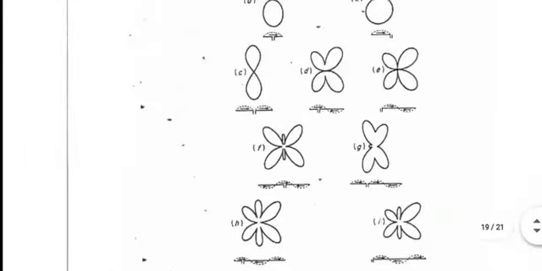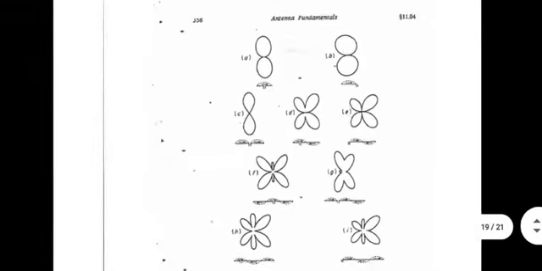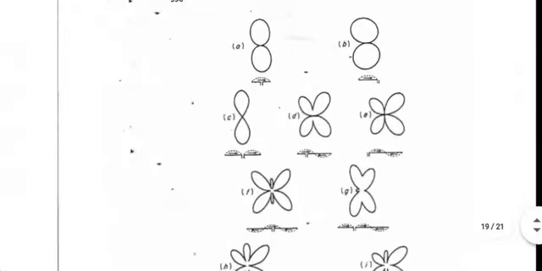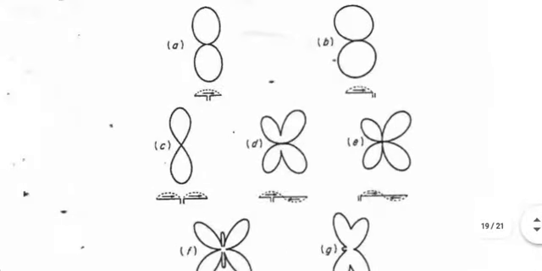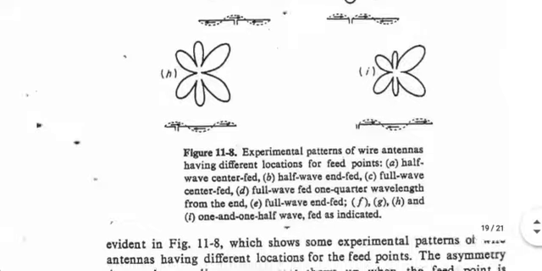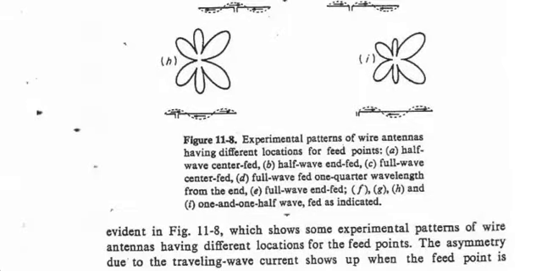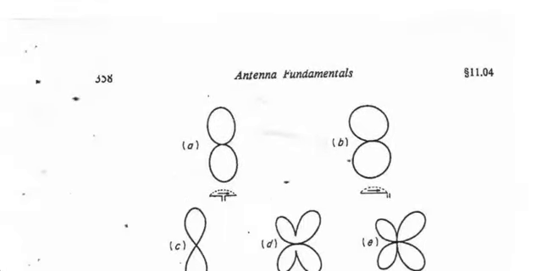These are experimentally obtained radiation patterns for several lengths of the dipole. A is lambda by 2 dipole. You get figure of 8 as theory predicted.